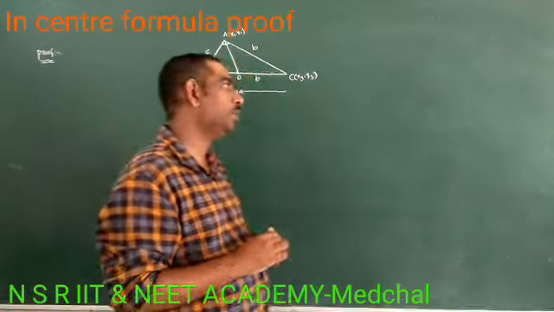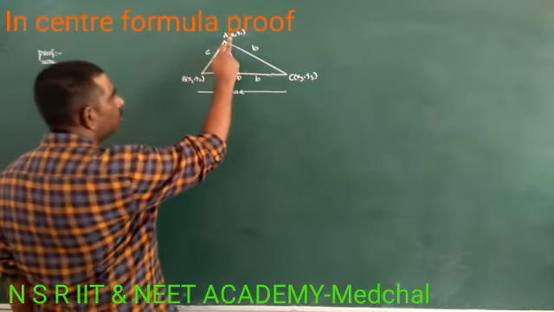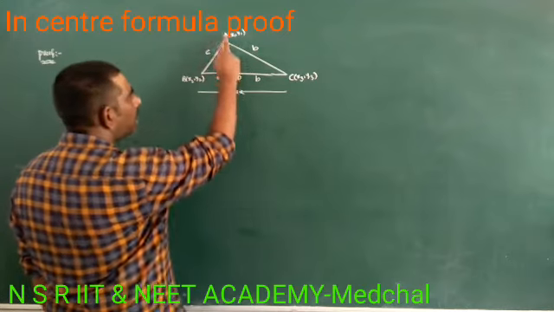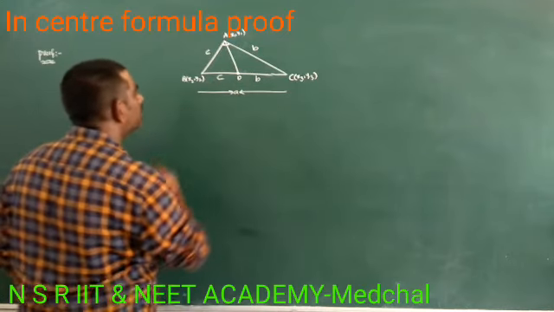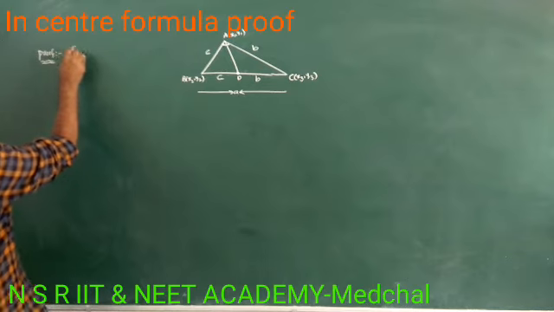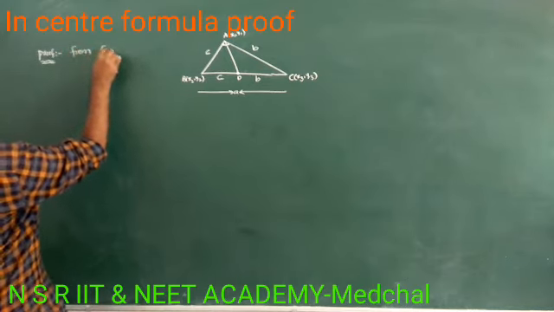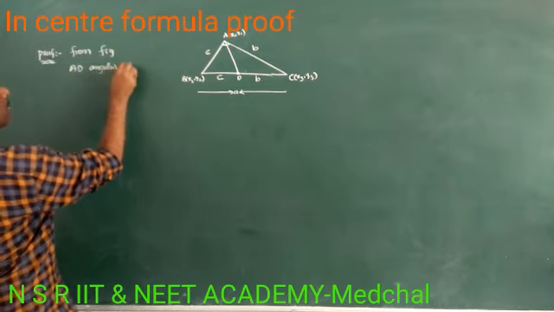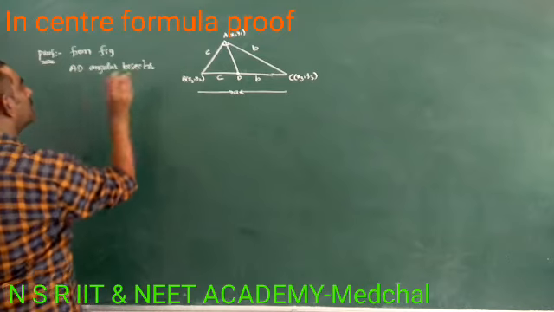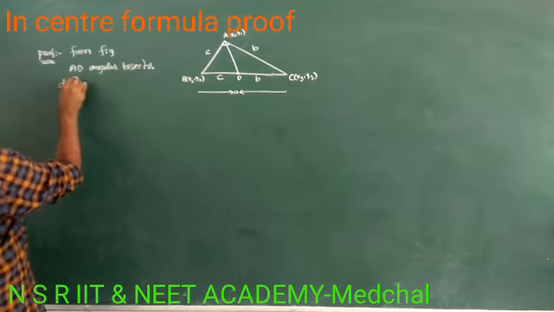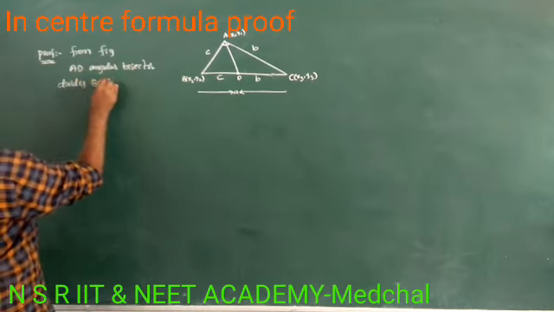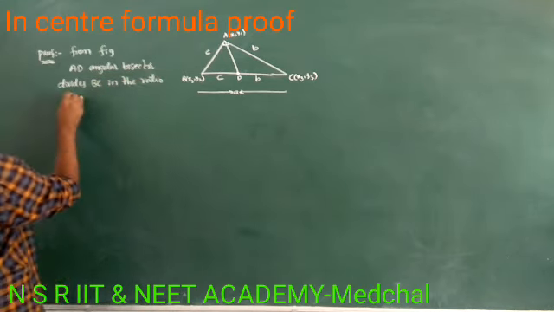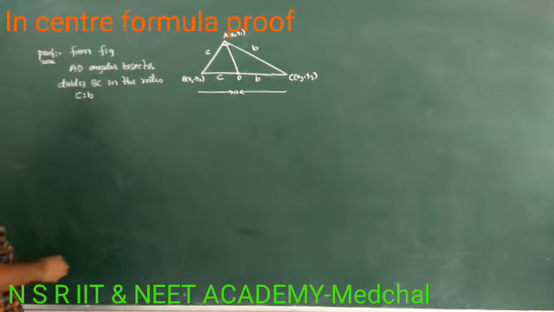This is triangle ABC with these side lengths, and the angular bisector AD divides BC in the ratio c is to b.